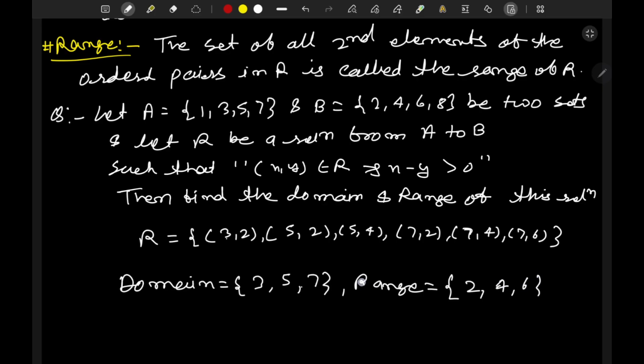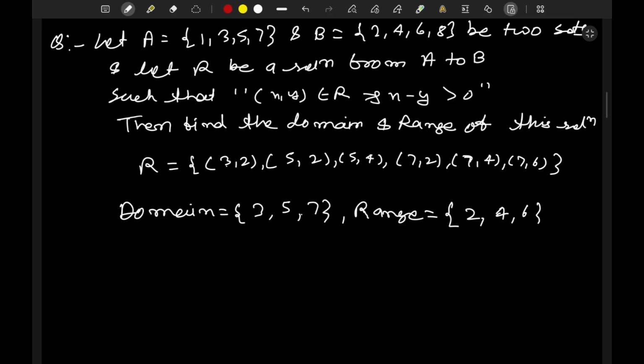This is the domain and range of the relation. We will study domain and range in detail in the function topic. Now, types of relation.